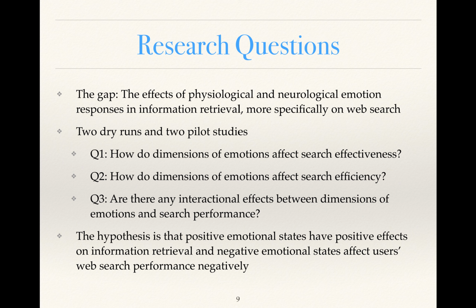My hypothesis is that the positive dimensions of emotions have a positive impact on information retrieval. In other words, they have a positive impact on search effectiveness and search efficiency.